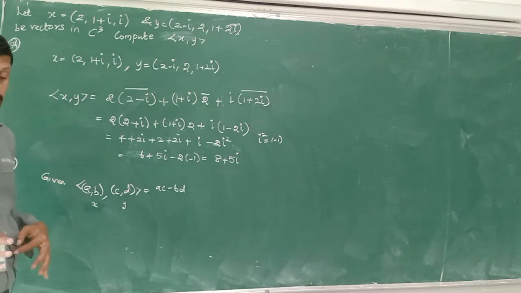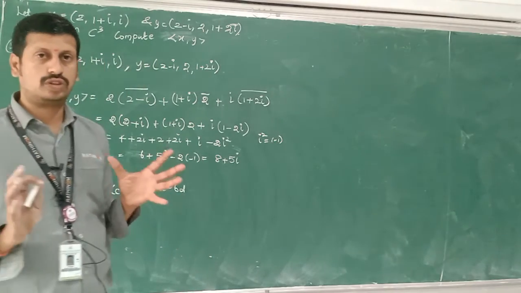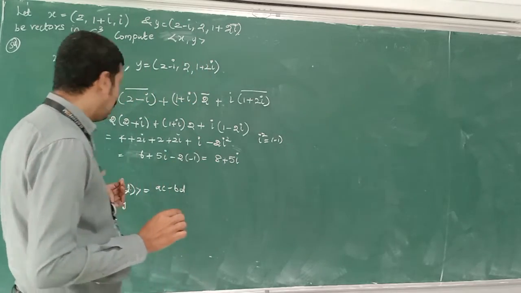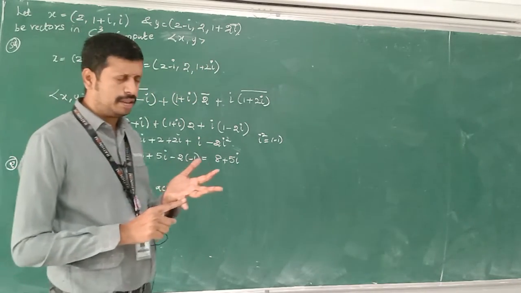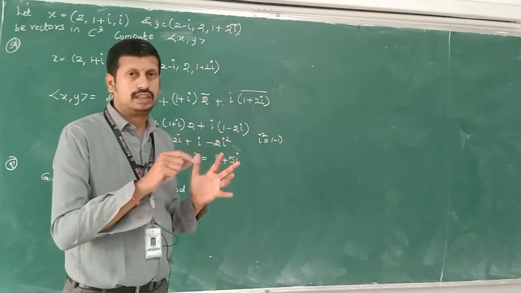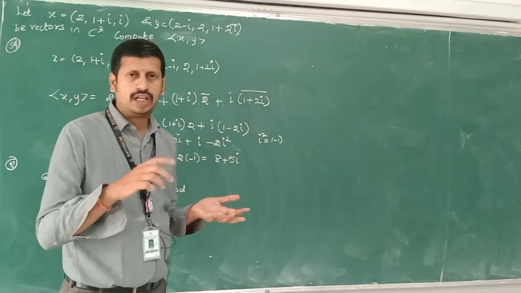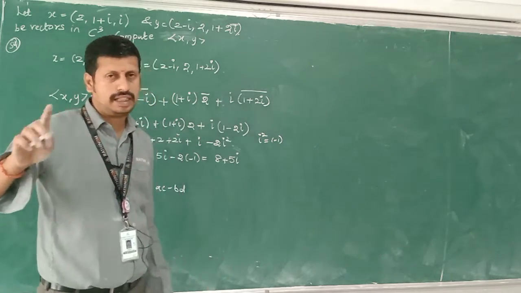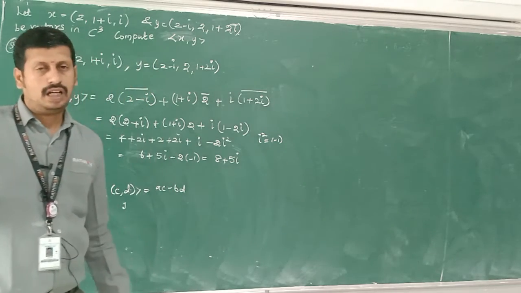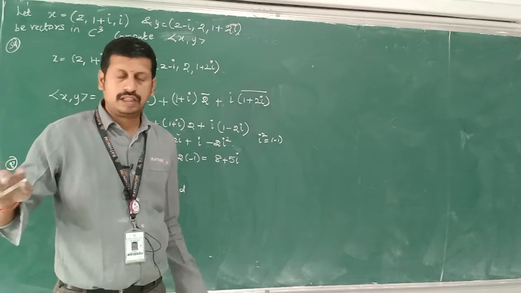If it is an inner product, it should satisfy every property. The properties are: first, <x plus y, z> equals <x, z> plus <y, z>. Then the conjugate of <x, y> equals <y, x>.